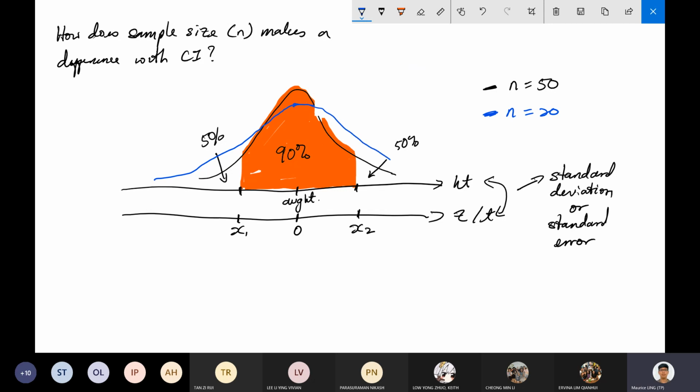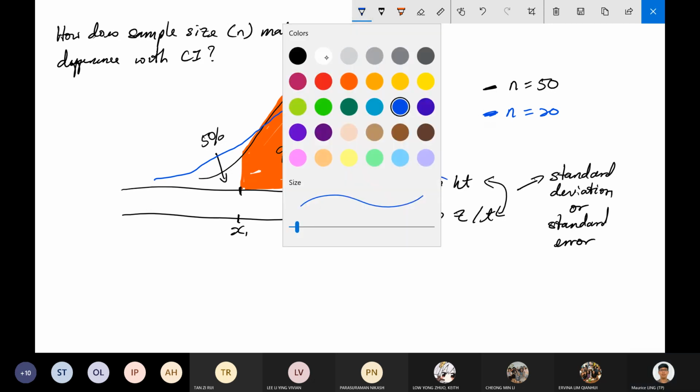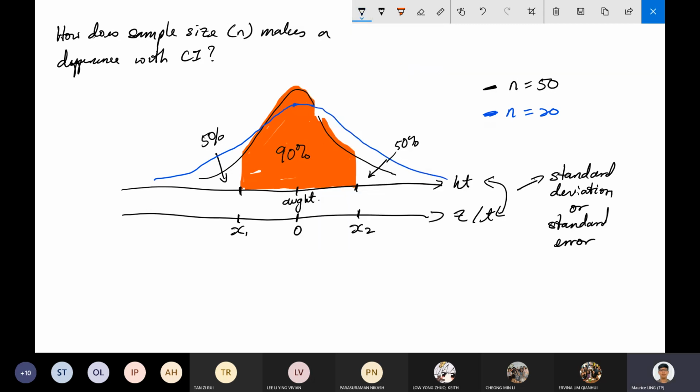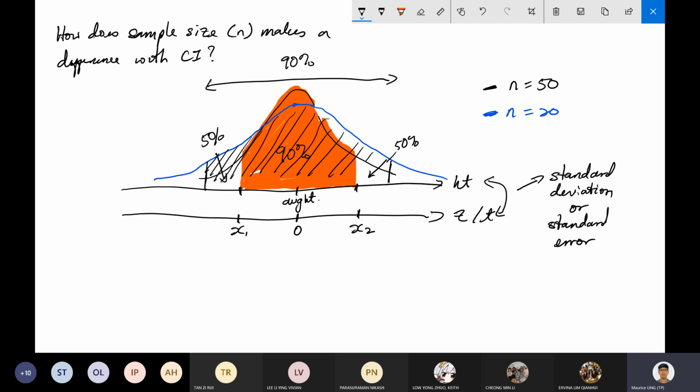The graph is more stretched out. And as a result, the 90% confidence interval is actually a much larger range. It will cover a much larger range because the blue line is more stretched out.